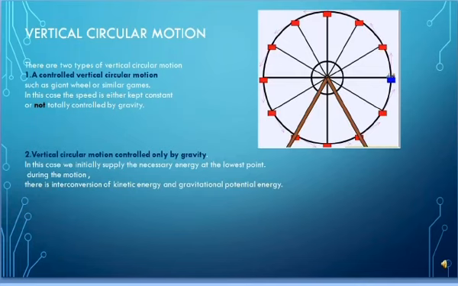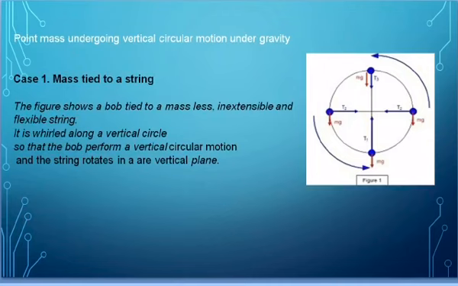Now see what we have to study under this concept, vertical circular motion. Point mass undergoing vertical circular motion under gravity. There are two cases. Case 1 is a mass tied to a string, and case 2 is a mass tied to a rigid rod.